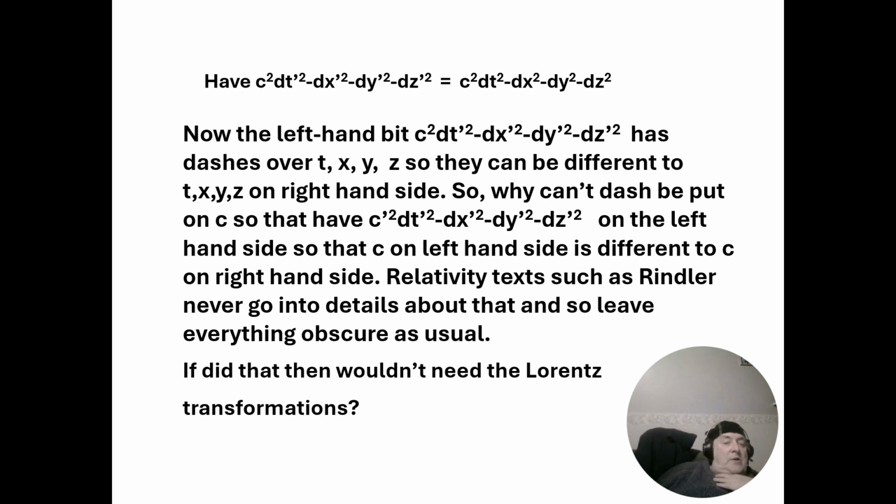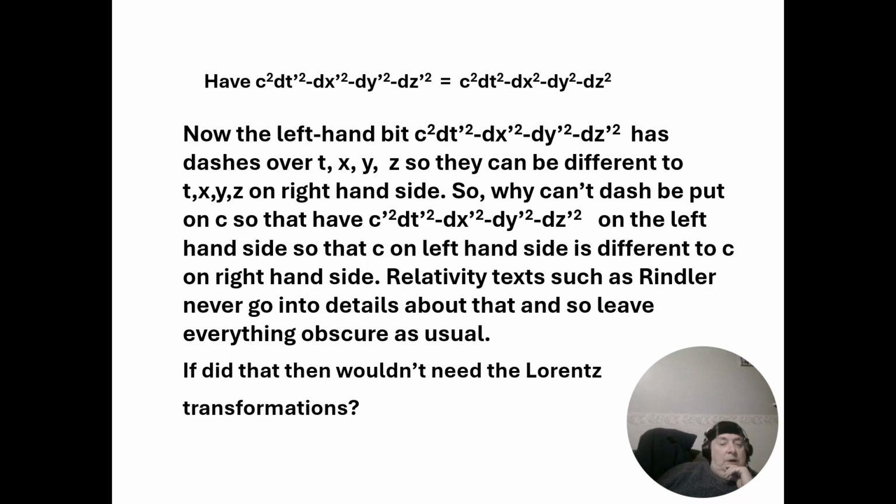And so you note on the left hand side you've got dashes over t, x, y and z, and so that makes it different to when there's not dashes on it, which is on the right hand side. So why can't there be a dash put on c as well?